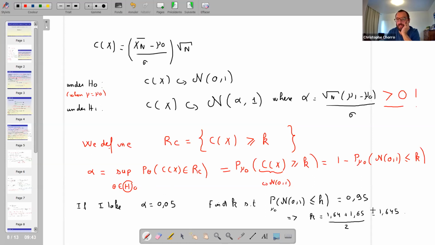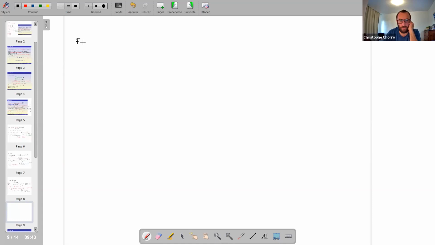am able to find explicitly what is the critical region. My critical region now is, okay, for alpha equal to 0.05, the one where C of X is greater or equal to 1.645.